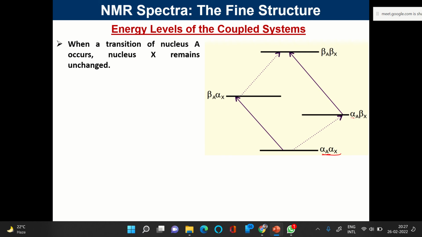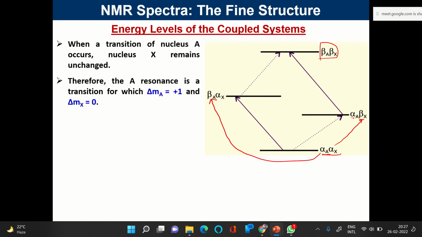With alpha A beta X, you are having a change of alpha to beta X, and in the other case, you can have alpha A changing to beta A. So these are the transitions that you are seeing, and then beta to beta A, beta X, you can think of them one at a time, and you are having such 4 lines that you can see.